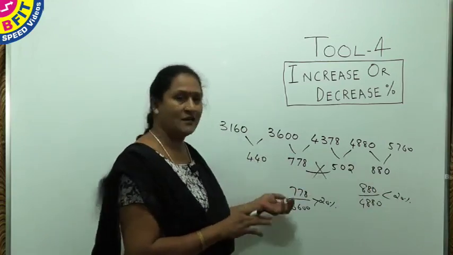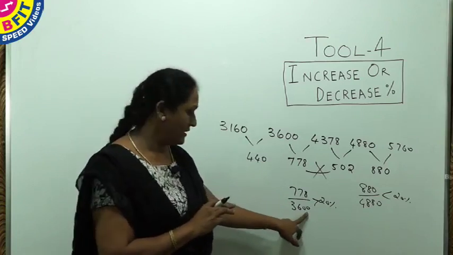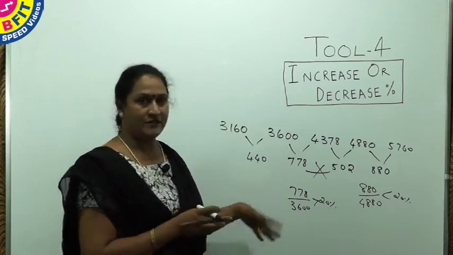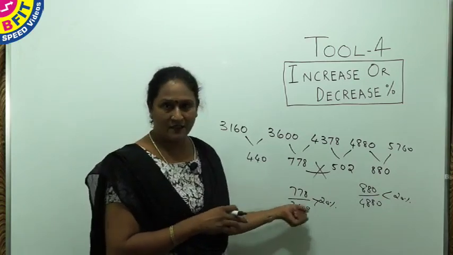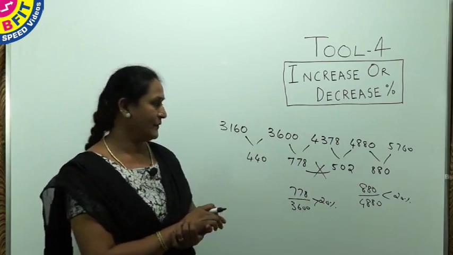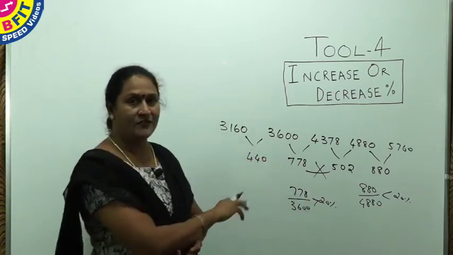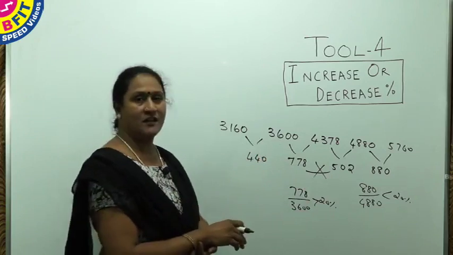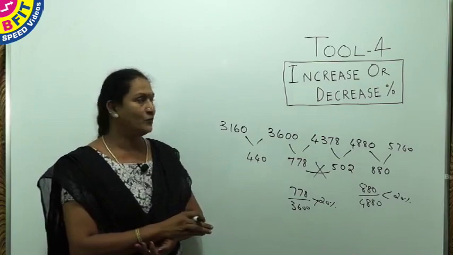Because 10% is 360 and 20% is 720, and we have more than 720, the percentage increase is more than 20%. So just by finding the difference and estimating the percentages, we can see which year the percentage increase is higher. We'll see a few more examples.